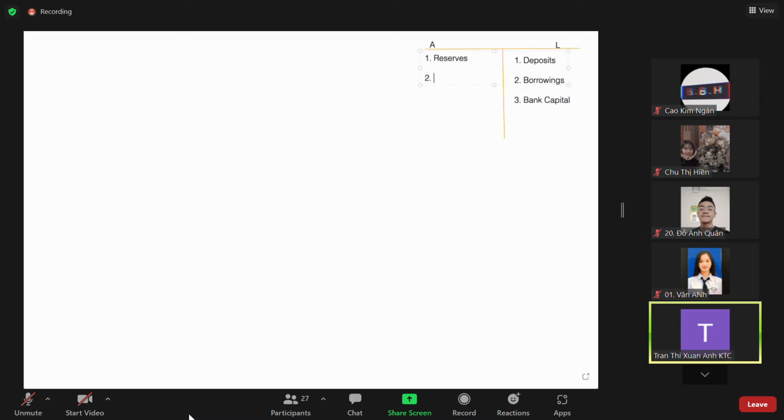We have the second one, lending. We have the third one, deposits at the other bank. Number 4, securities investments. And we have number 5, other assets.